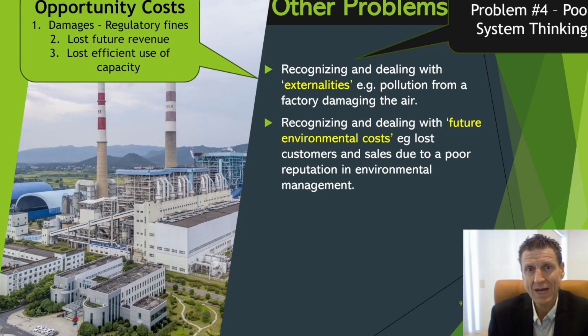The fact that you are neglecting your environmental footprint or you're polluting the atmosphere may cause your employees to leave the organization because they're just not comfortable with your strategic vision and priorities for the environment.